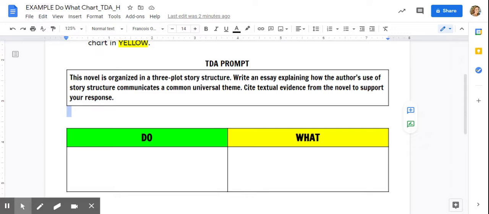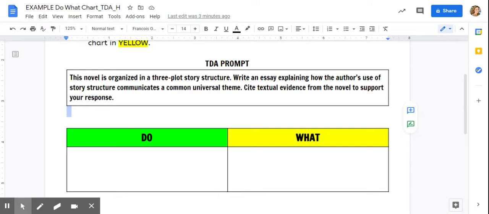So the prompt itself is in the box in front of your eyes, and it's usually several sentences long. So I'm going to read the first one out loud because that's what the directions say. It says, this novel is organized in a three-plot story structure. There's nothing that you have to do based on that sentence. It's just a statement. It's a fact, just like a little introduction.